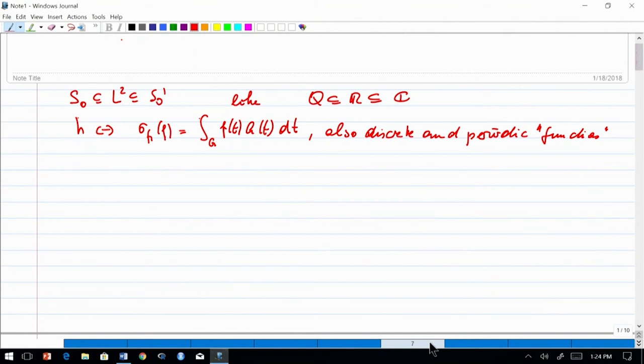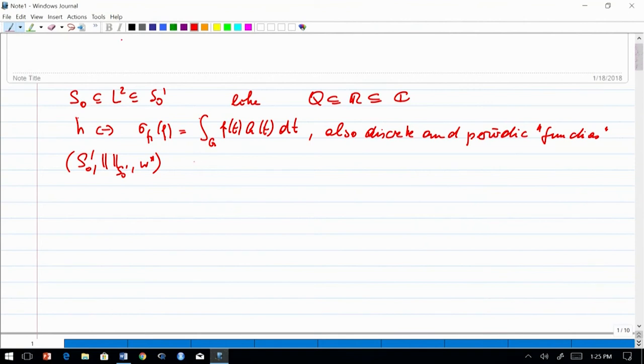Okay, so just to remind you, the general setting is we have S0, and as a subspace of L2, we have seen it's continuously embedded, and we can view all this as a subspace of S0 prime. And we note that on S0 prime we have both a norm topology, so we take the S0 prime norm, and we have a weak star convergence.